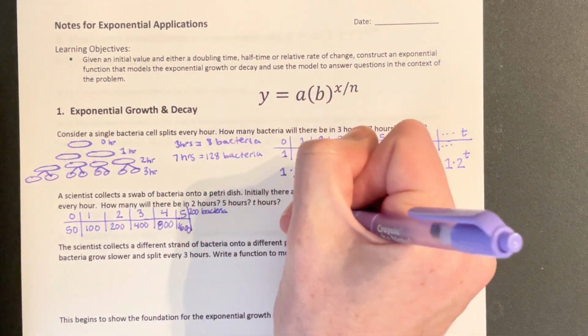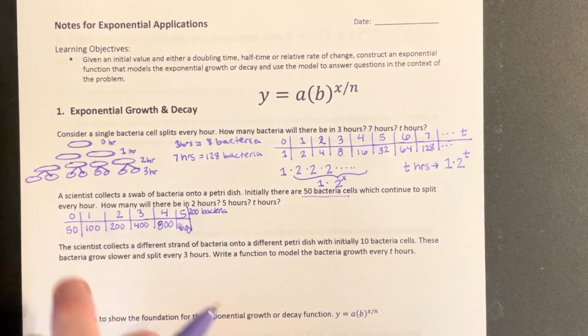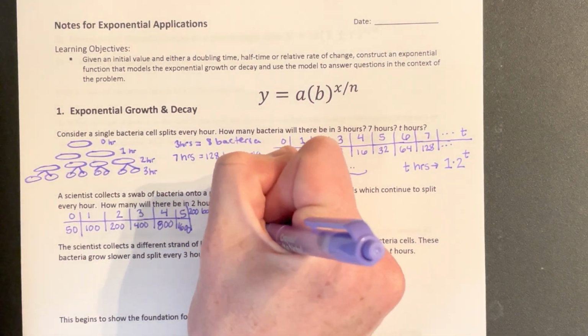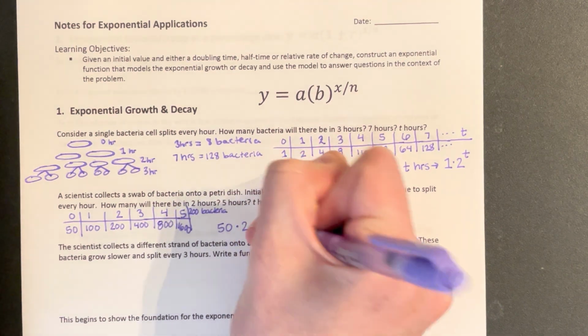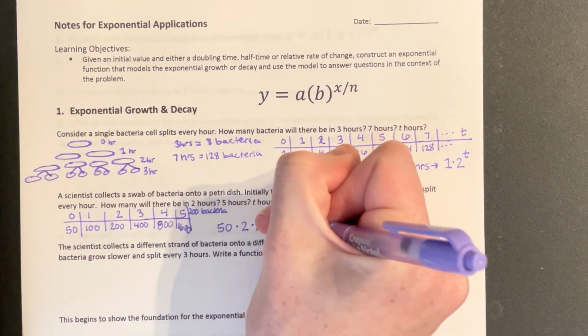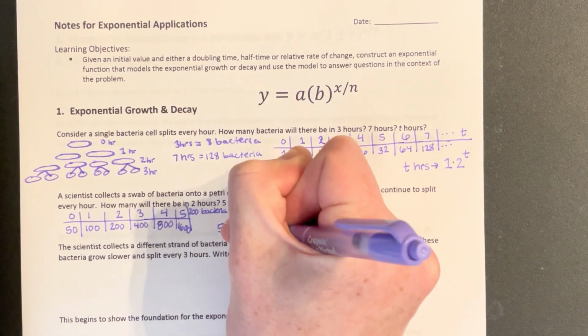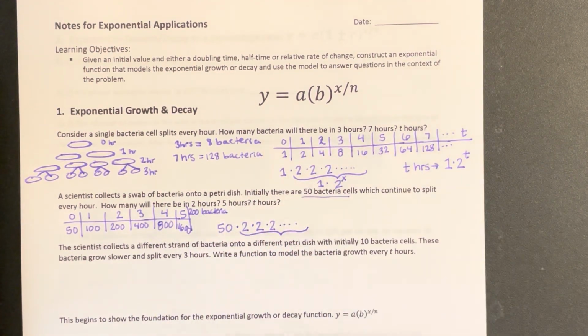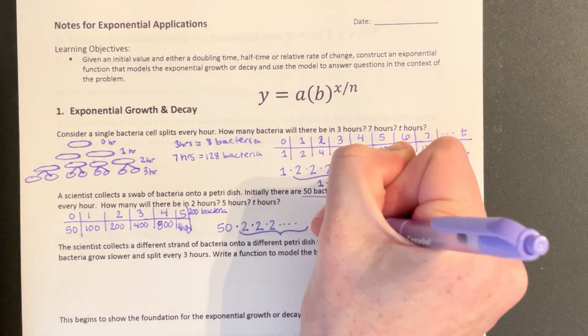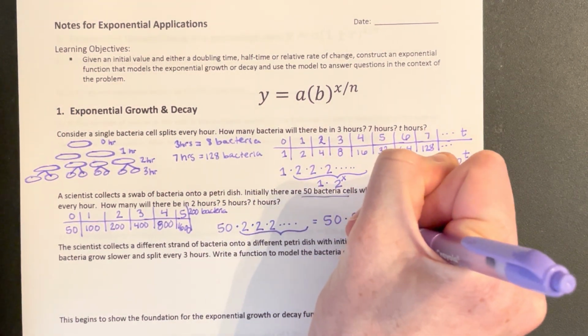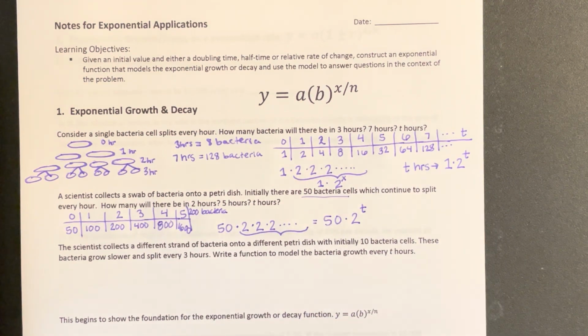Well, if I just continue this process, the only thing that's changing is that we started with 50, and then we multiplied by 2 to get 100. Then we multiplied by 2 again to get 200, and we continued to multiply by 2. So that is what's creating our 2 to some power. So we would make this 50 times 2 to the t power.